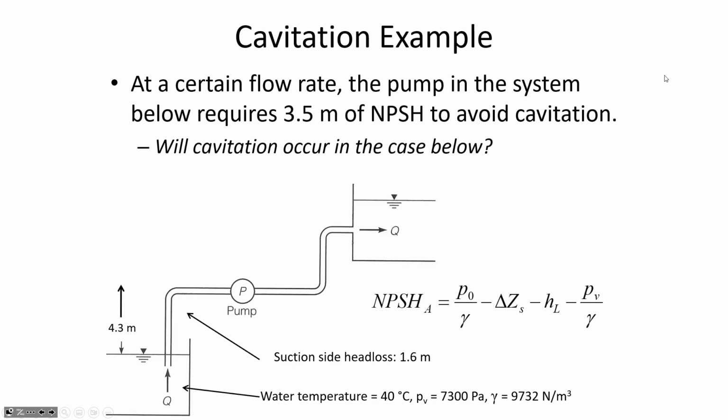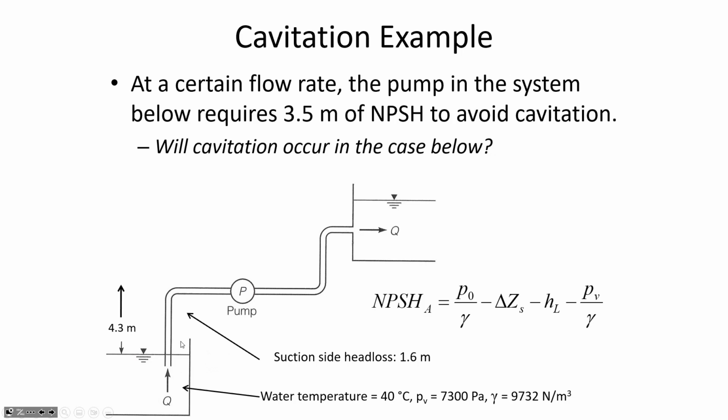Okay, so I'm showing you a system here. We've got a system where we are pumping water from a lower reservoir to an upper reservoir, and the only dimensioning that we're given is the one that we need. The dimension that there's 4.3 meters of elevation difference between the water on the suction side and the physical pump itself.